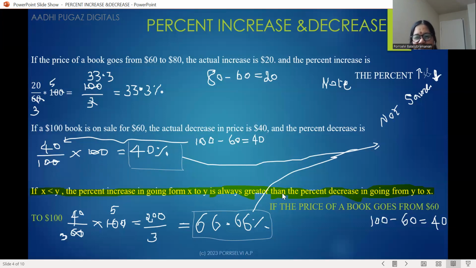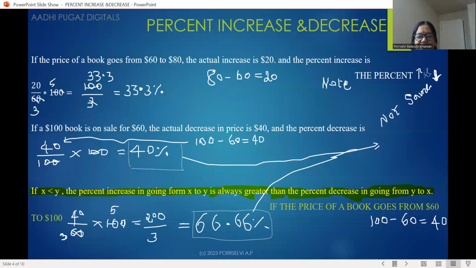Now you come to this note: the percent decrease in going from Y to X is always less than this value. When the percent increase is 66.66, the percentage decrease is 40%. So X less than Y means this value is always greater than this value.